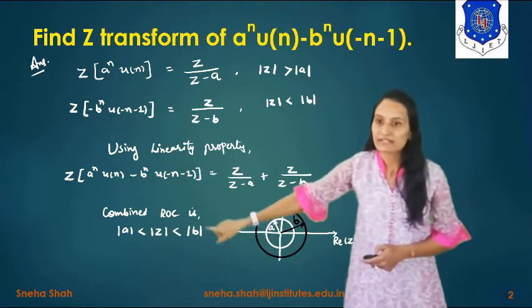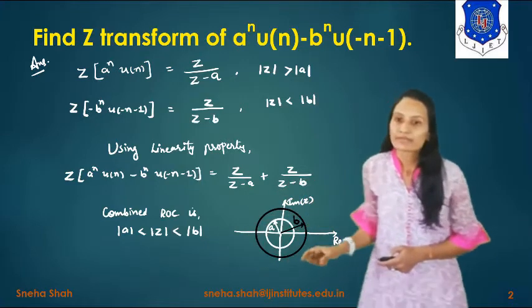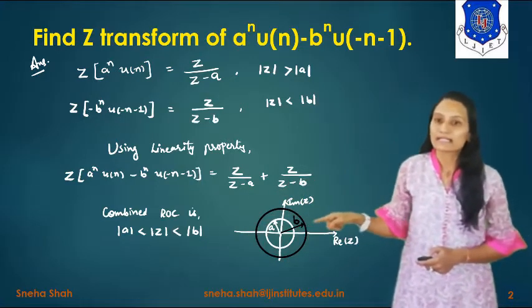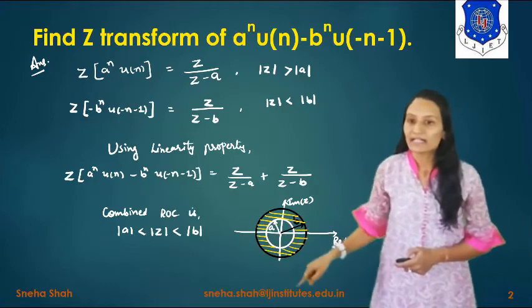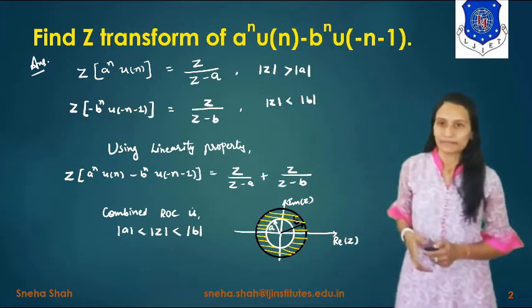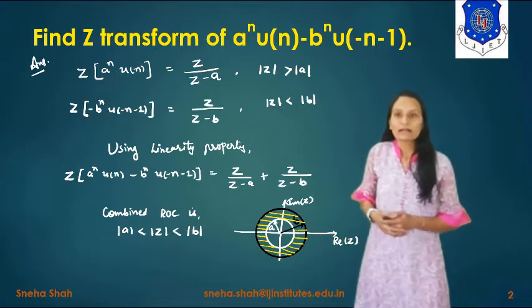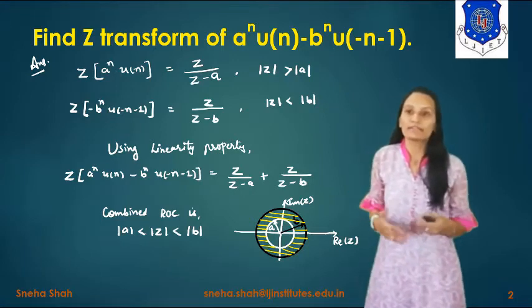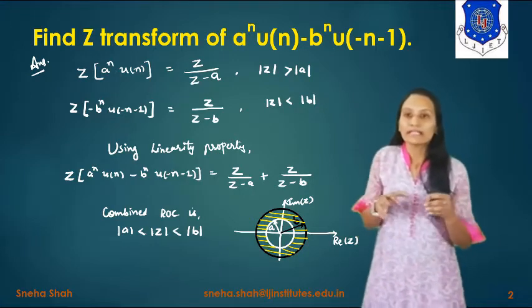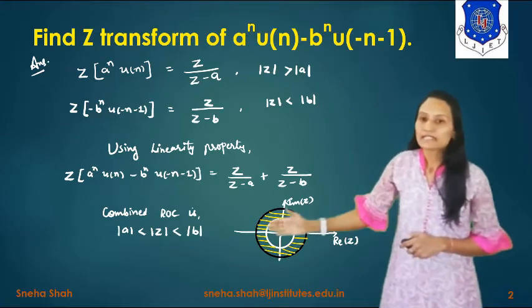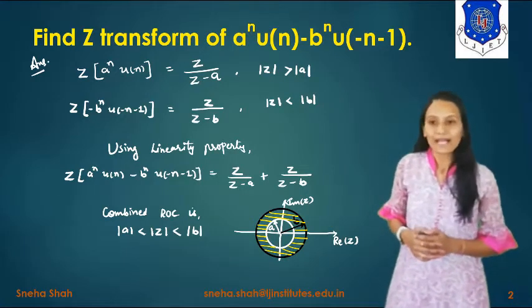The combined ROC is in between a to b, so it will be in the region between these two circles. This is the final ROC for this term. This way we can find the Z transform of a number of terms included in one signal, and this way we can find the final ROC.